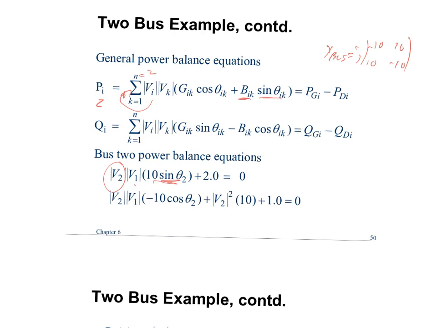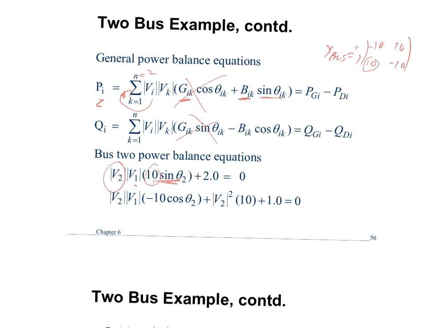So I've got V1 times, there's no G terms in here. So both of these cases, they're gone, right? There's no real parts. So I can drop those terms immediately and just head to the B terms. I'm going to pull B_ik, which is i equals 2, K equals 1, so that term there. So I've got my 10 times the sine of theta 2 minus theta 1, right?